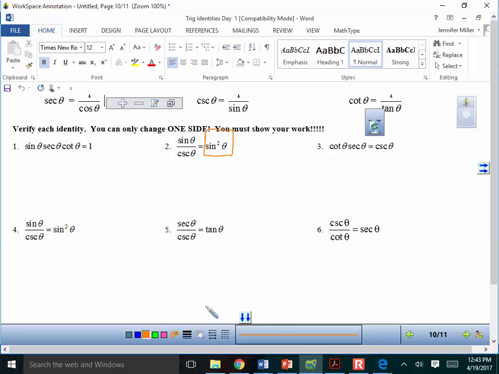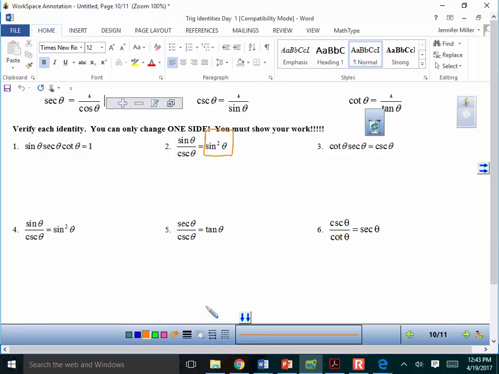Please look up here when I'm speaking. But it's not going to be easy for us to get from sine squared to a fraction like this, you know what I mean? But if we start off with this more complicated stuff, we can try to put it together to get to sine squared. That's why I've chosen to keep the right side the same.